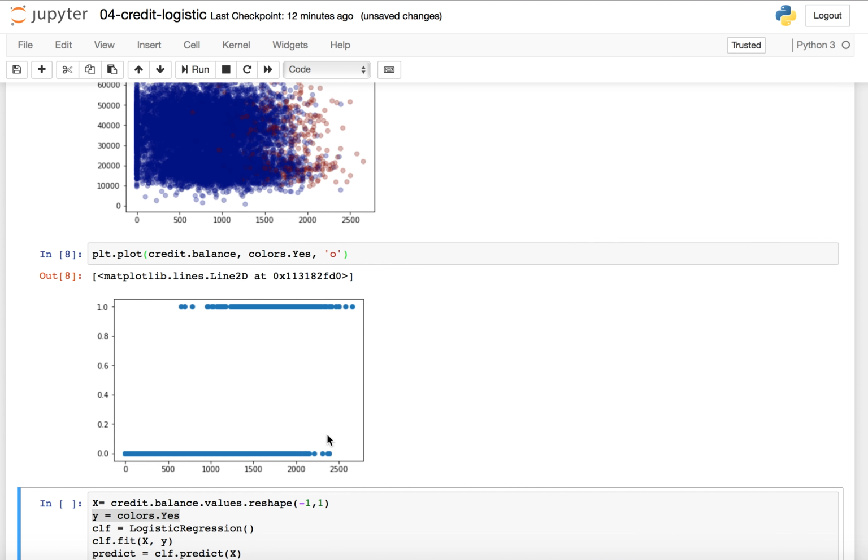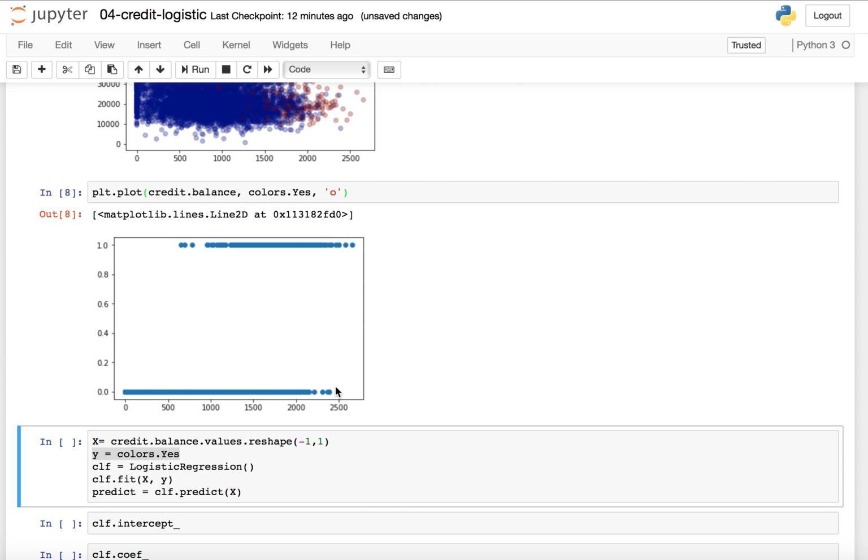If we just make a plot of whether those are yeses or nos, whether they're zeros or ones, right, and have our balance values across the x-axis, we see those two different groups, and you see that there is maybe some separation in between here. Again, what we're talking about with logistic regression is we're going to use probabilities of class inclusion.